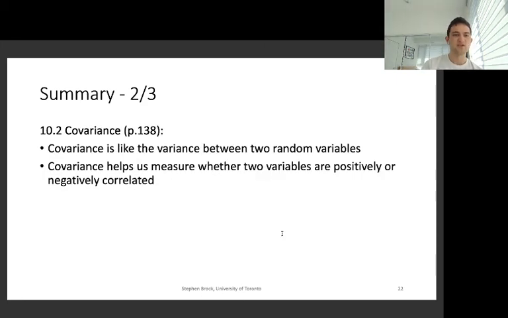All right, section 2 was on covariance. This is on page 138. So covariance is like variance between two random variables, right? Covariance helps us measure whether two variables are positively or negatively correlated. One drawback to covariance is that it is not invariant to units.